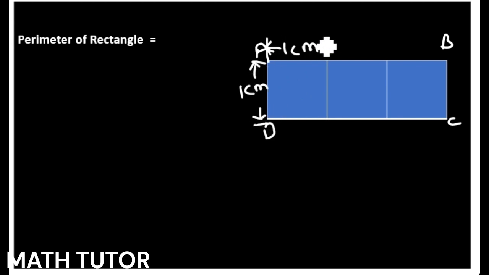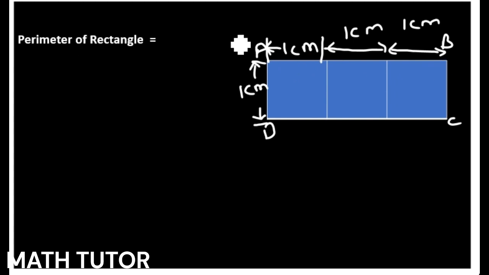So this consists of 3 squares. So this is again 1 centimeter, and this is also 1 centimeter. To calculate the perimeter or area of any shape other than a square, we have to divide it into smaller squares so that the calculation will be easier.